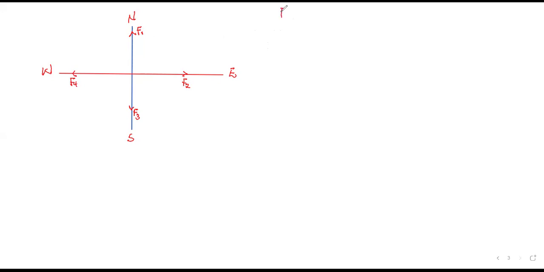So the component of F1 would be represented as coordinates, as a column vector, X, Y. So F1, hold on.